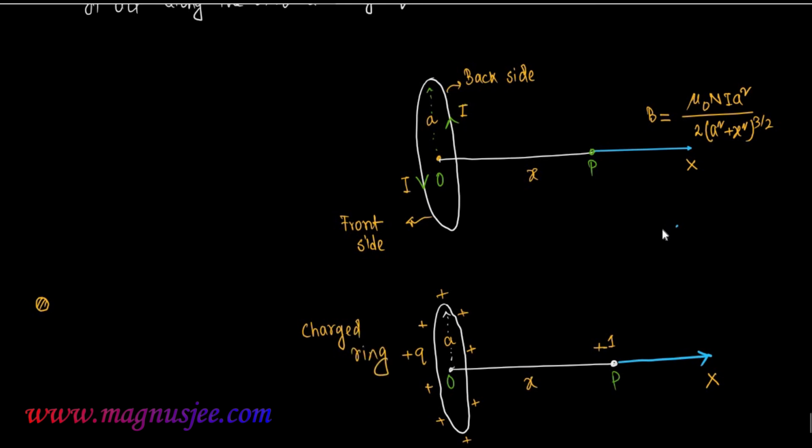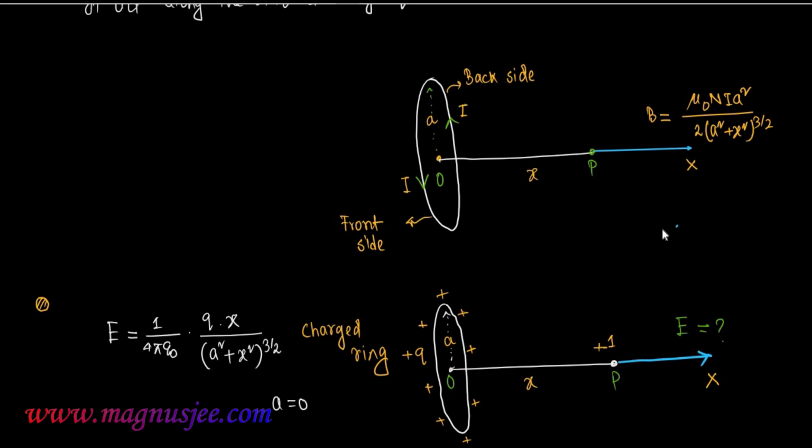And here this is the charged ring, and electric field intensity at the point P, that is the electrostatic force experienced by unit positive charge at P, is E, and the expression of E is equal 1 by 4 pi epsilon 0 q dot x divided by (a square plus x square) whole to the power 3 by 2.